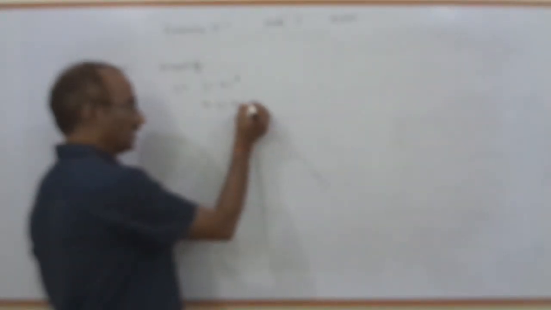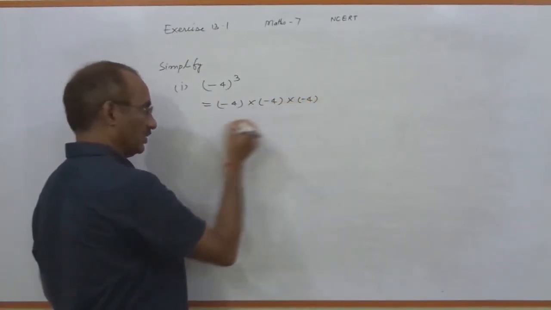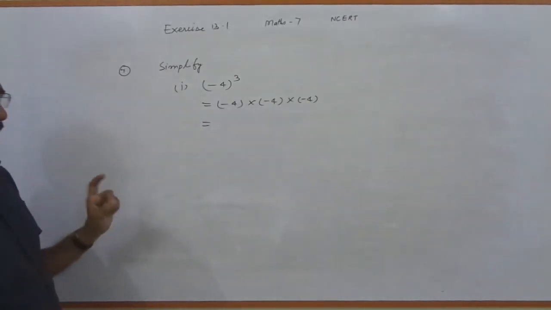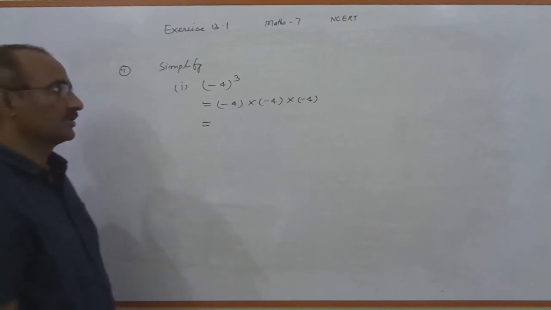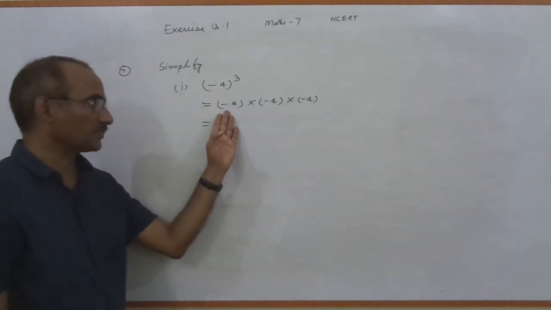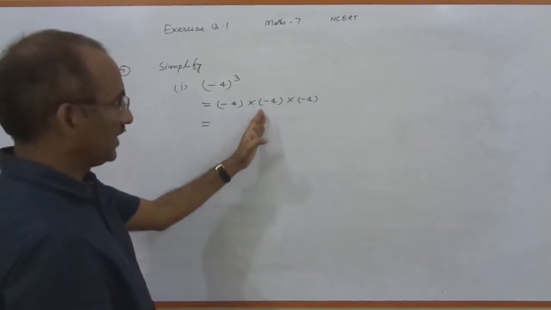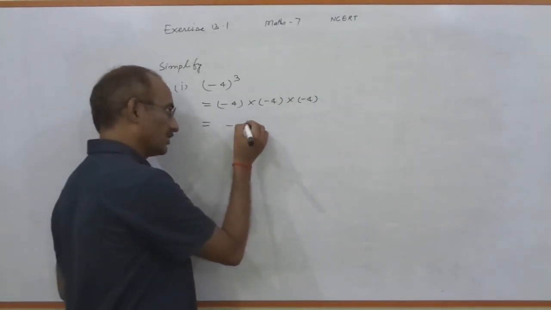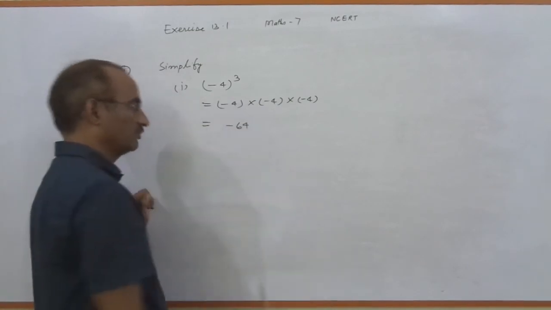So it can be written as minus 4 multiplied with minus 4 multiplied with minus 4. Minus 4 is a negative integer. So if we multiply minus 4 with minus 4, then we get plus 16. And plus 16 multiplied with minus 4, then we get minus 64.